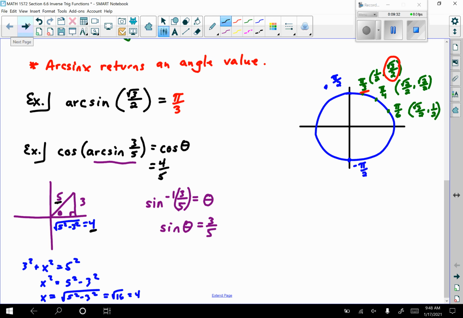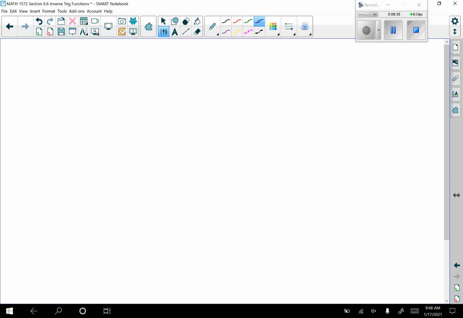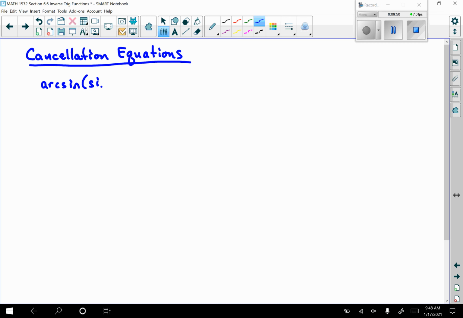All right, so let's take a look at some cancellation equations. So if we have arc sine of sine of x, remember arc sine is just the same thing as sine inverse, and inverses cancel. So this is going to equal x as long as x is in between negative pi over 2 to pi over 2.